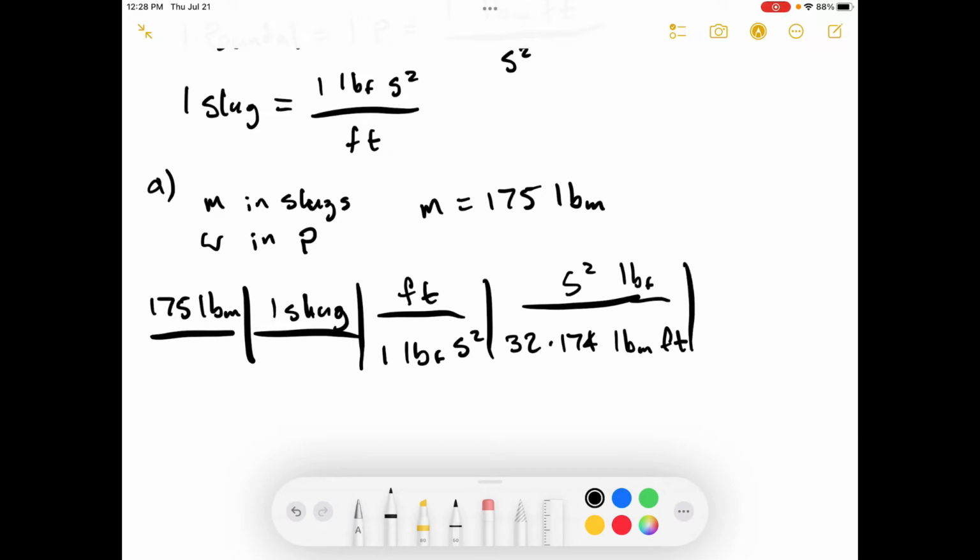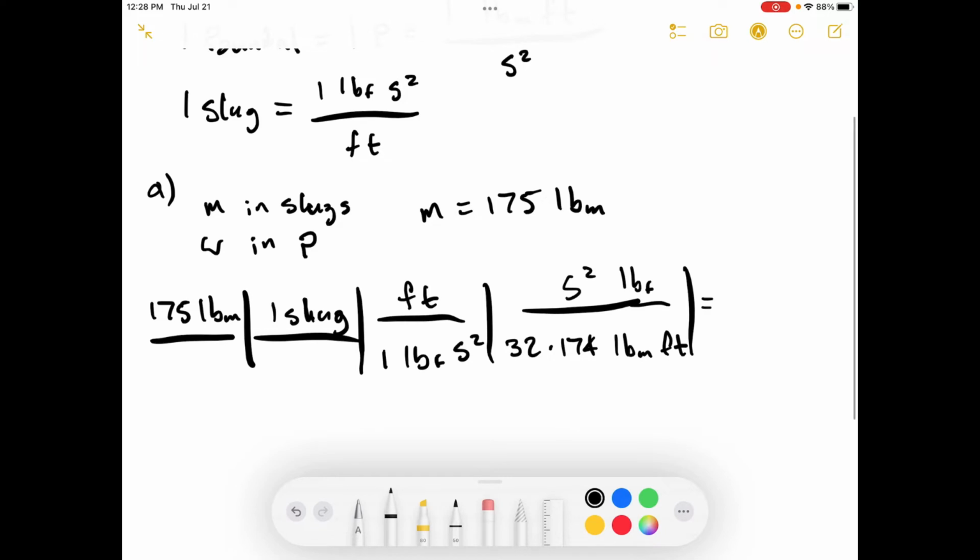So our pounds mass cancels with our pounds mass. Pounds force cancels with our pounds force. Per second cancels. Feet cancels, and we're just left with the slugs. So that is 5.44 slugs.